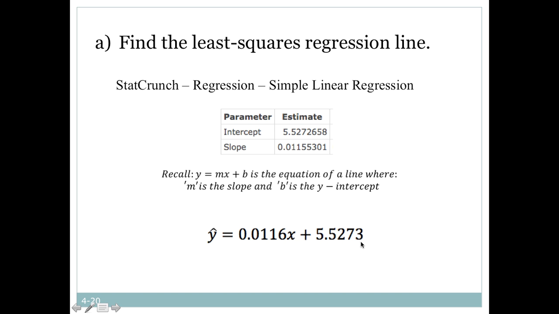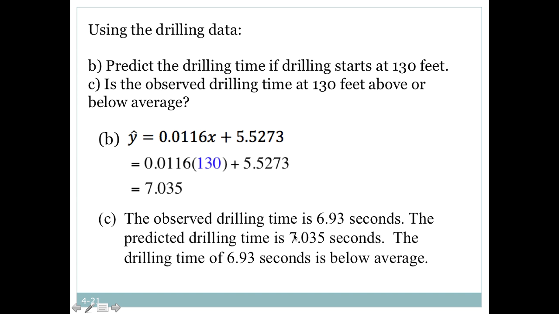Again, I rounded my y-intercept as well. And if you recall, the x is going to stand for the depth at which drilling began, and our y hat is going to be our predicted amount of time that it will take to drill an additional 5 feet, given our x value.